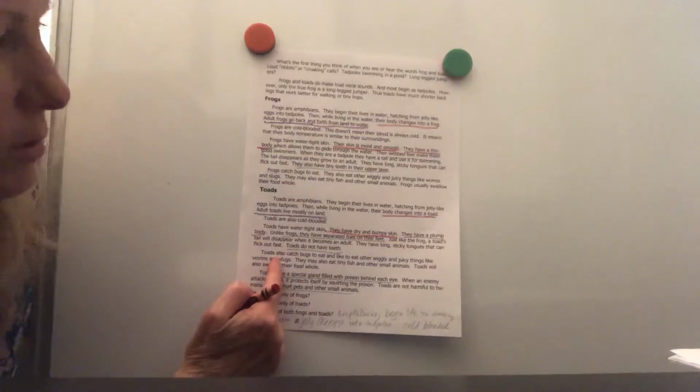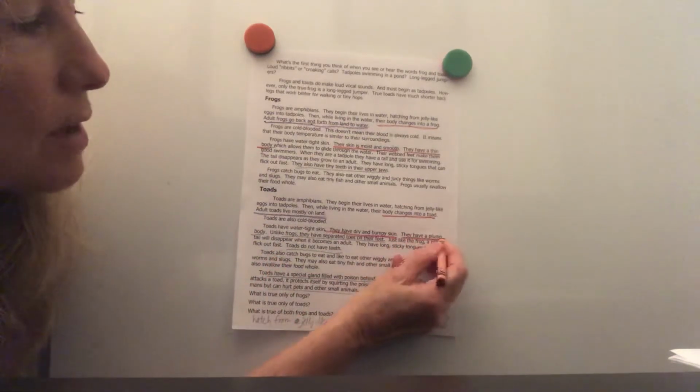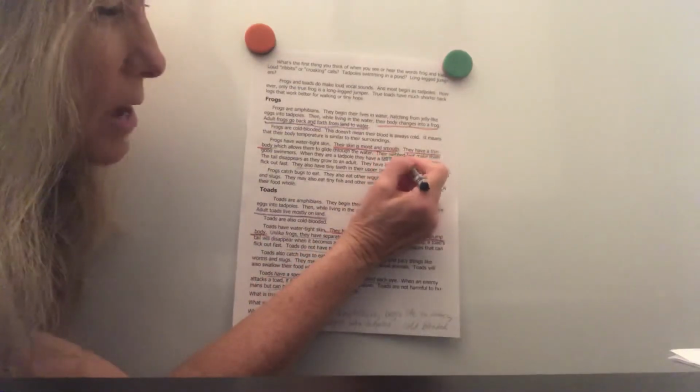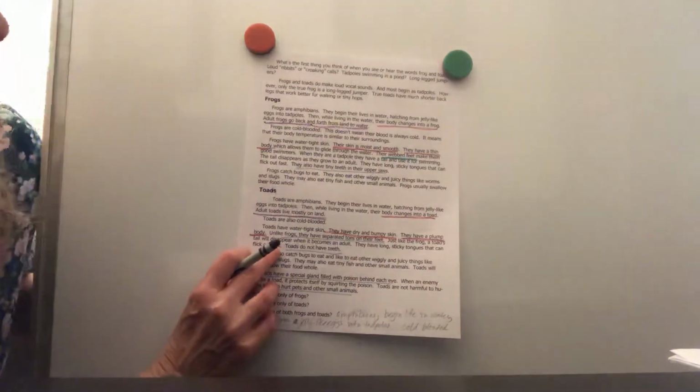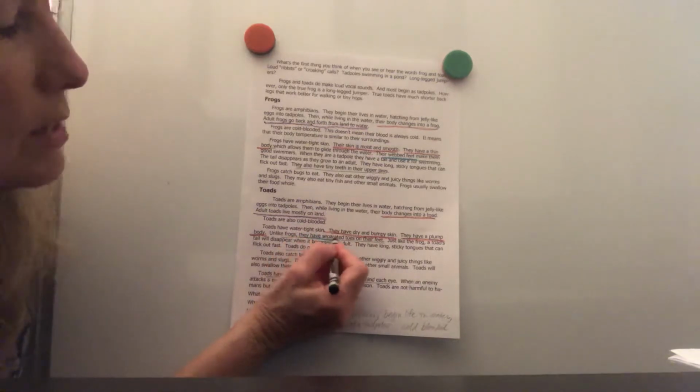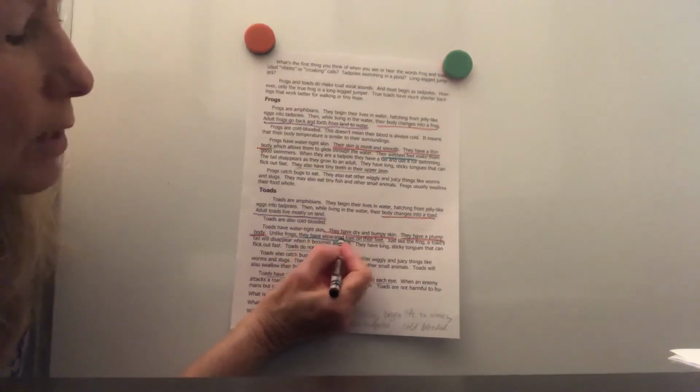Now, toads, it says they have a plump body, okay? And then, again, up on frogs, it says that they have webbed feet. And when you look at toads, it says, unlike frogs, they have separated toes, okay? So their feet aren't webbed, they're separated. So that's how they're different.